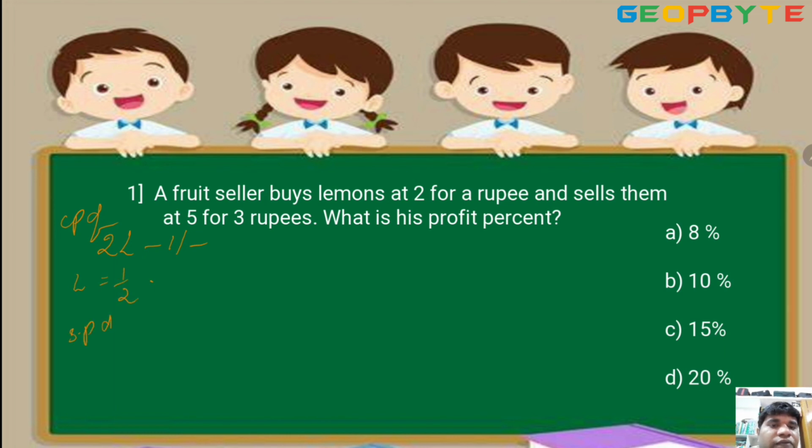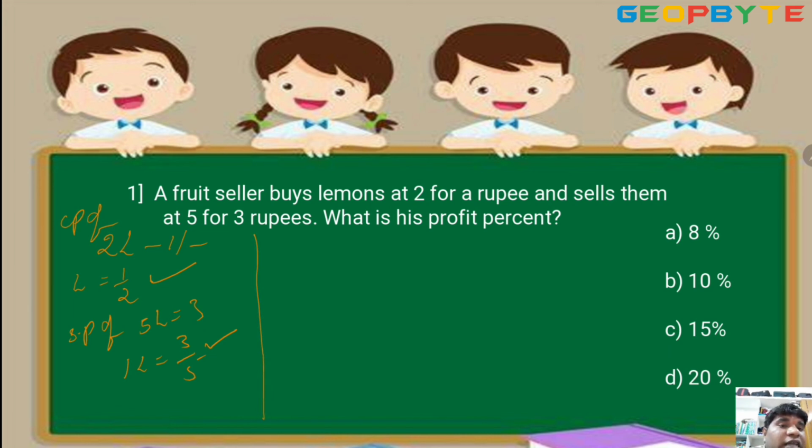Selling price of 5 lemons is 3 rupees, 1 lemon 3 by 5. So cost price is 1 by 2, selling price is 3 by 5. Which is the biggest? 3 by 5 is the biggest. So selling price more. Selling price more means we got profit.